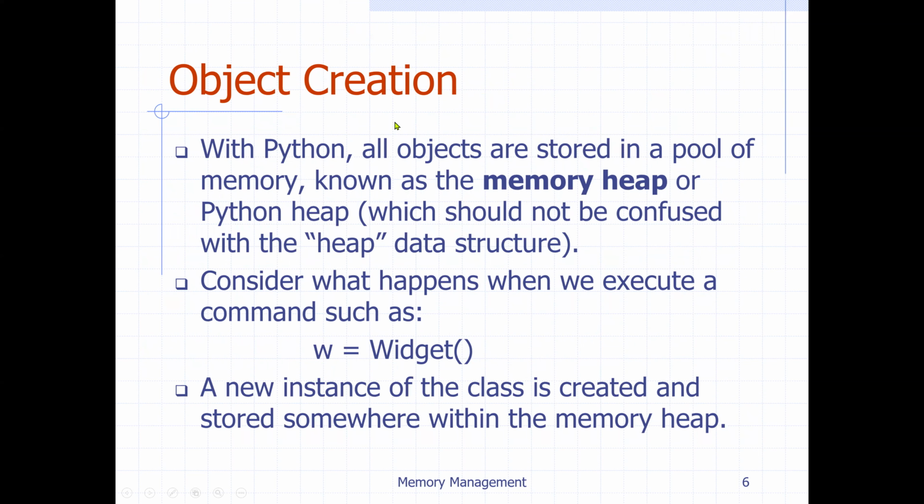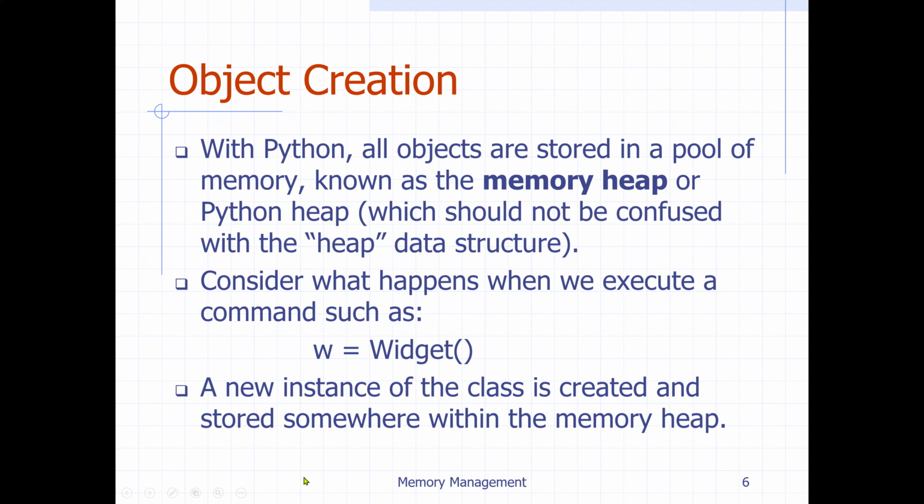So next is object creation. With Python, all objects are stored in a pool of memory known as the memory heap or the Python heap. It is different from the heap data structure that we covered, and should not be confused with it.